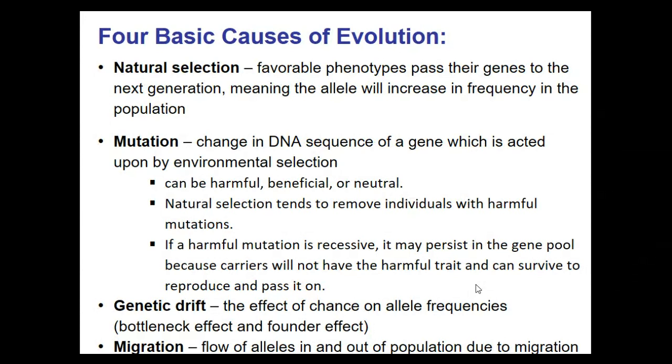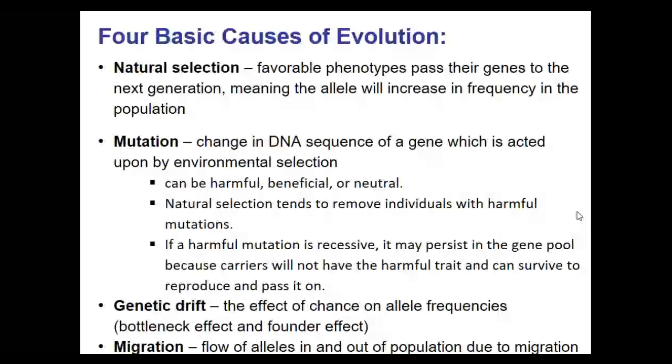It's genes entering a population because individuals enter and take those genes with them, or individuals leave a population and certain alleles leave with them. So any of these things can cause evolution.